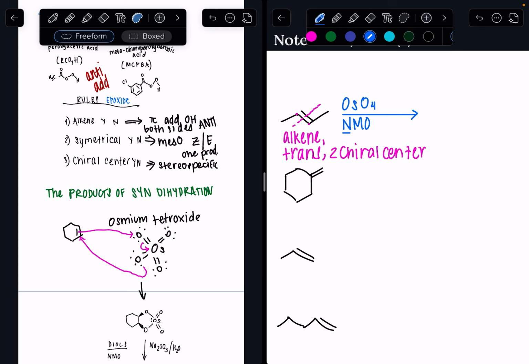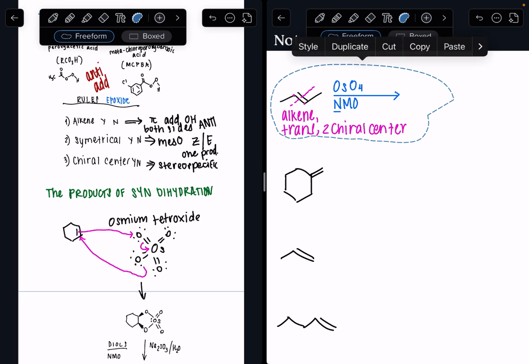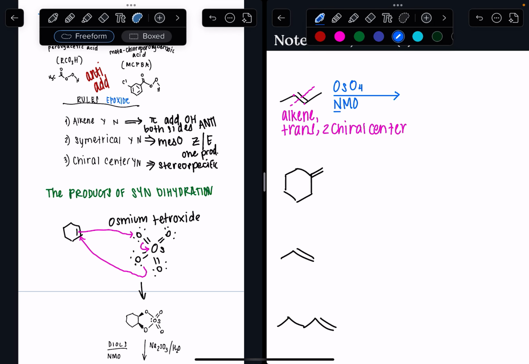That nitrogen really helps to remove an additional oxygen, and we know in basic conditions we are going to get what type of addition? Okay, we're going to get syn addition. So what does that look like for us?